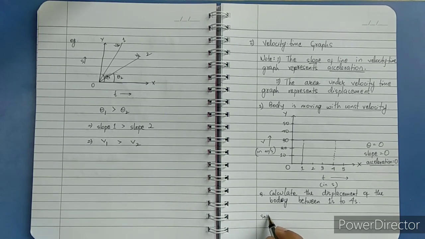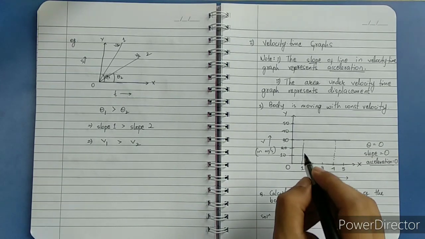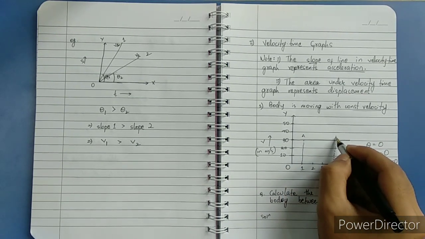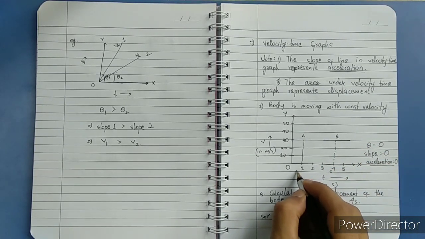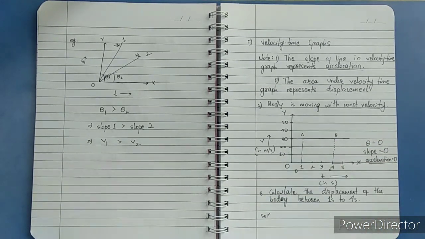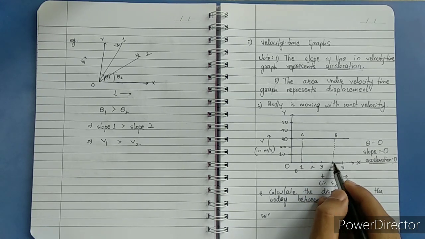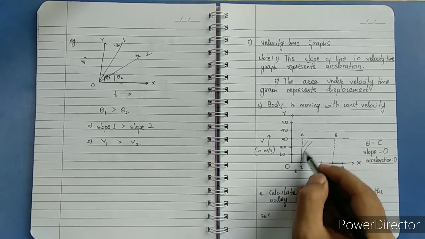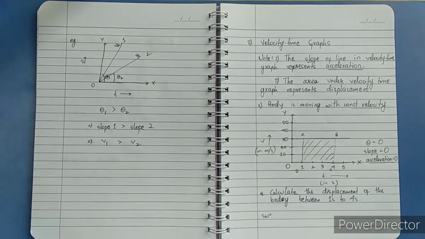So what will be the solution? We'll mark this as A, B, C, D. So this is a rectangle between 1 to 4 second. We need to find this area over here.